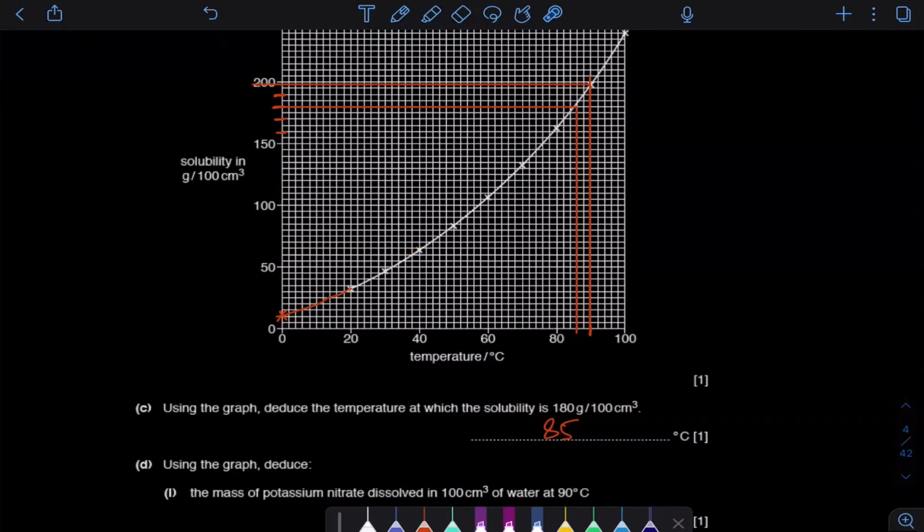So 197 is the grams dissolved in 100 cm³ at 90 degrees Celsius, and 65 is the grams dissolved in 100 cm³ at 40 degrees Celsius.